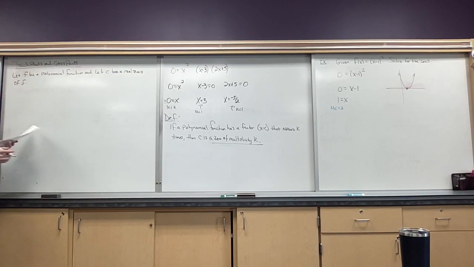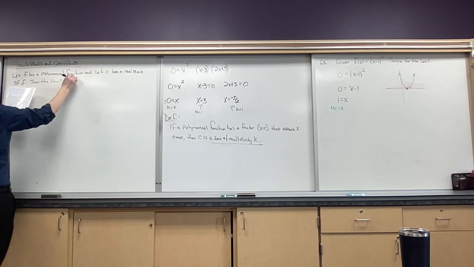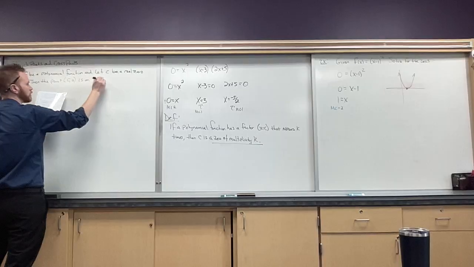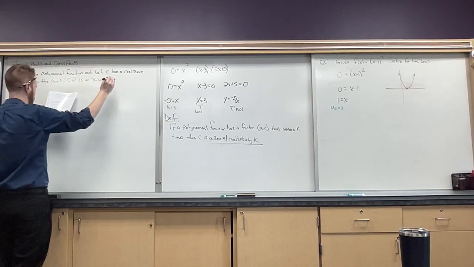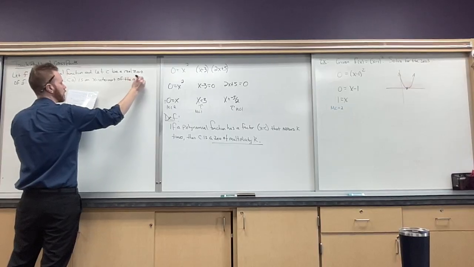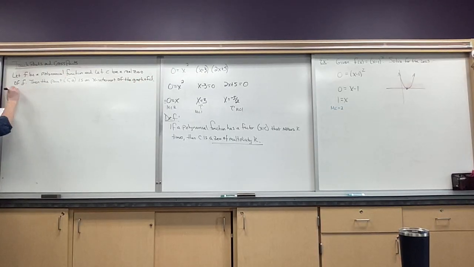Because again, we don't want nothing imaginary. Then the point (c, 0) is an x-intercept of the graph of f. Furthermore, we have the following.